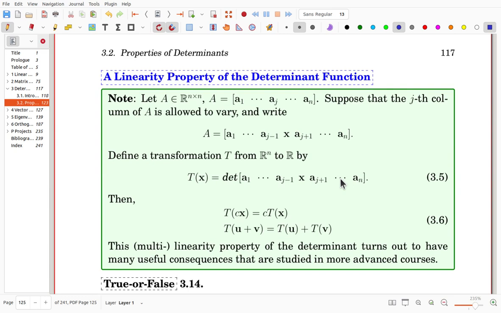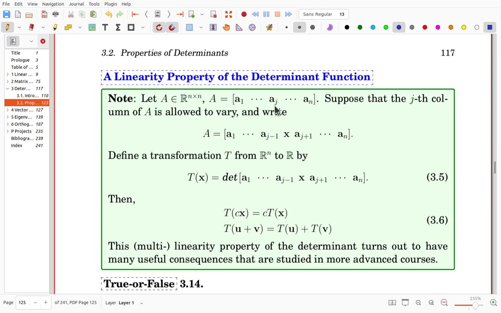Now here we'll consider the linearity property of the determinant function. A is an n by n matrix, and we indicate the columns of A as a1, a2, a3, and aj, the jth column, and an. Now we rewrite it in this way.